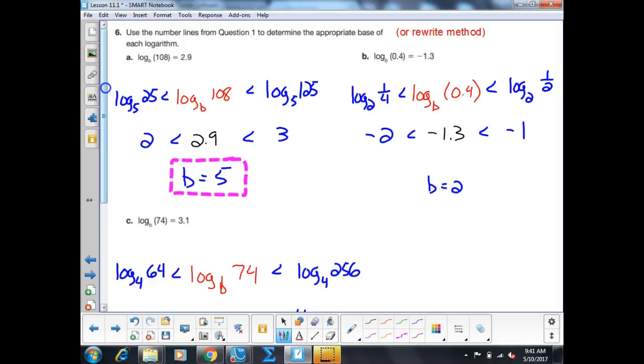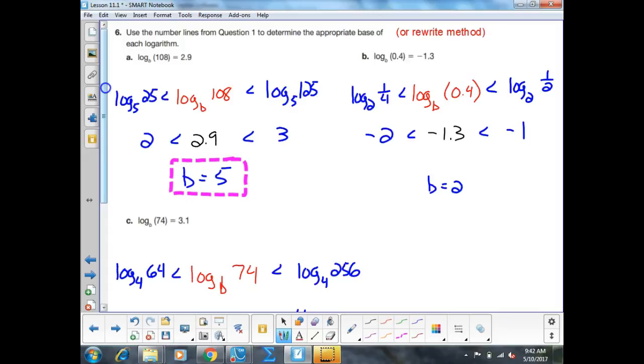The decimal equivalent of 1/4 is 0.25, and of 1/2 is 0.5. So is 0.4 between 0.25 and 0.5? Yeah?